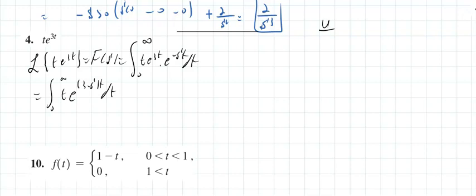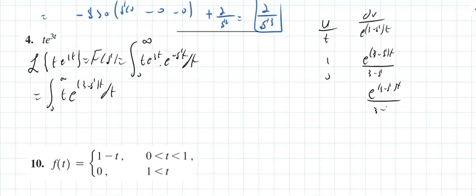The same deal, we let u equal t, du is 1 and a 0, dv is e to the 3 minus s t, so that's e to the 3 minus s t divided by 3 minus s, and that will be e to the 3 minus s t divided by 3 minus s squared.